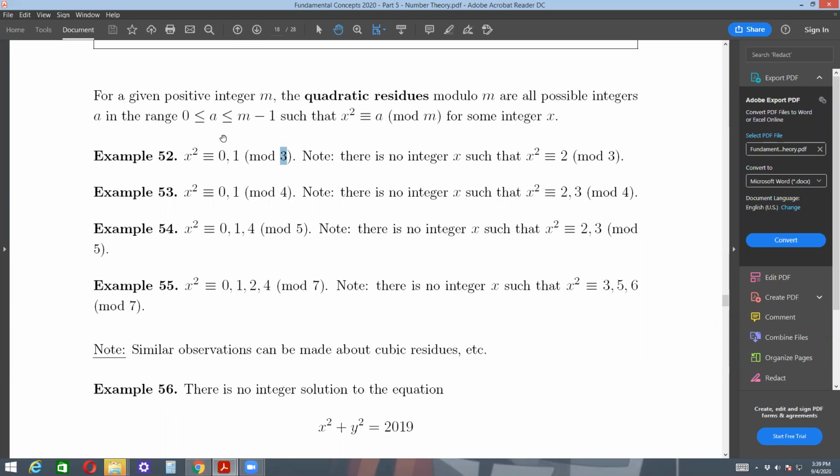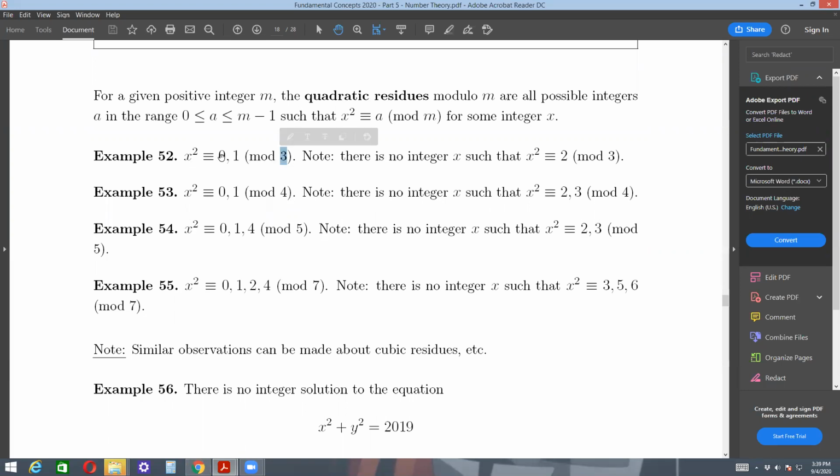The second column will be x squared, and then you look at the remainder when you divide x squared by the mod. If x is 1, x squared is 1, so the remainder is 1. If x is 2, x squared is 4, and the remainder is again 1. If x is 3, 3 3s are 9, the remainder will be 0.